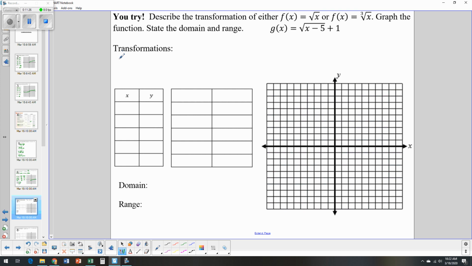All right, if you're back, we have a horizontal translation, 5 right, and a vertical translation, 1 up. We're going to put our parent function.